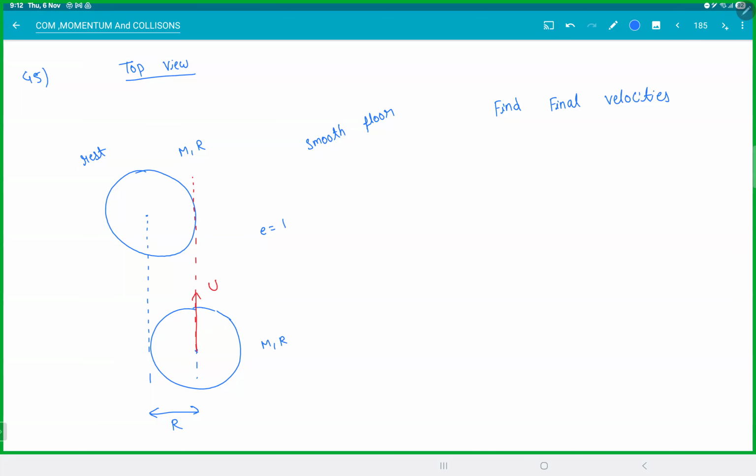Find the velocities after collision. And remember, we wrote a statement. Remember, if two bodies of same mass collide perfectly elastically, they exchange velocities. I didn't write that statement. I wrote something else.